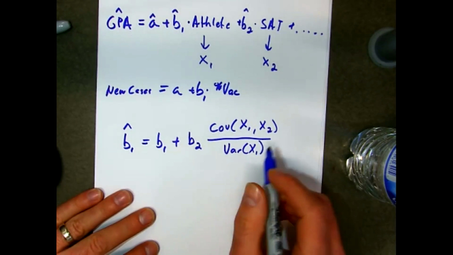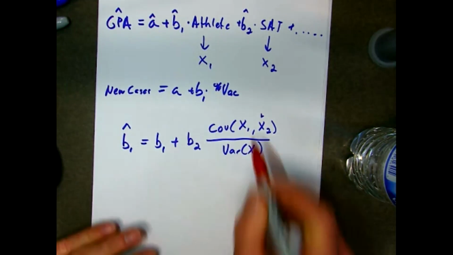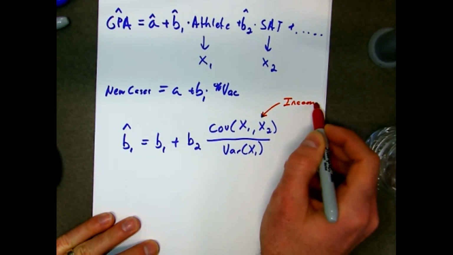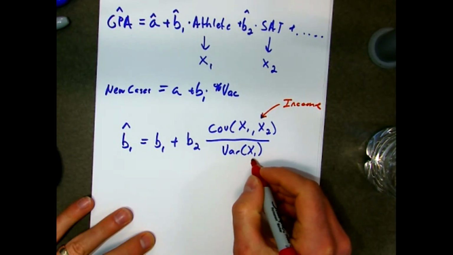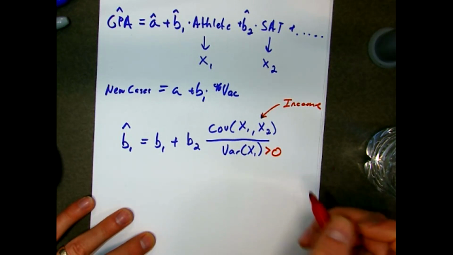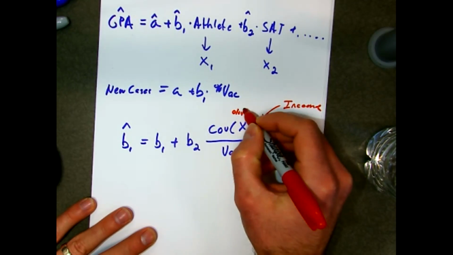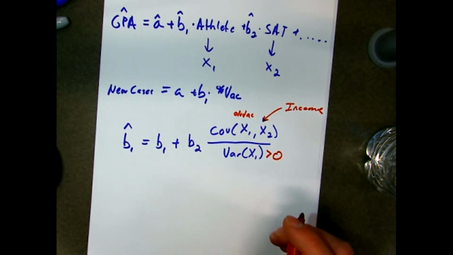So first of all, X2, let's say the variable that we left out, is income, the average income in the county. Well, the variance of any variable will always be positive. The covariance between percent vaccinated and income, what do you think that relationship likely is?